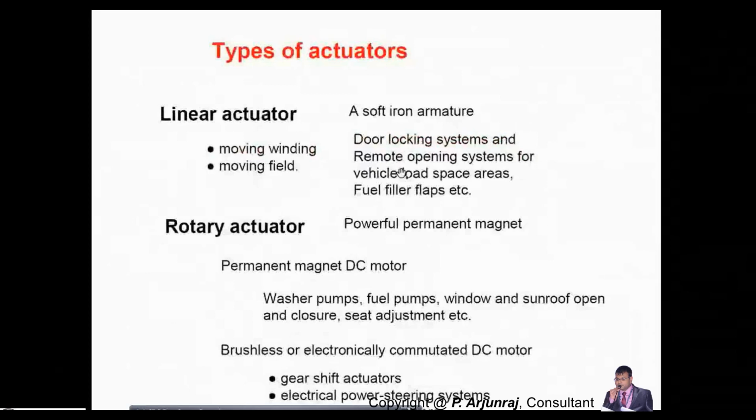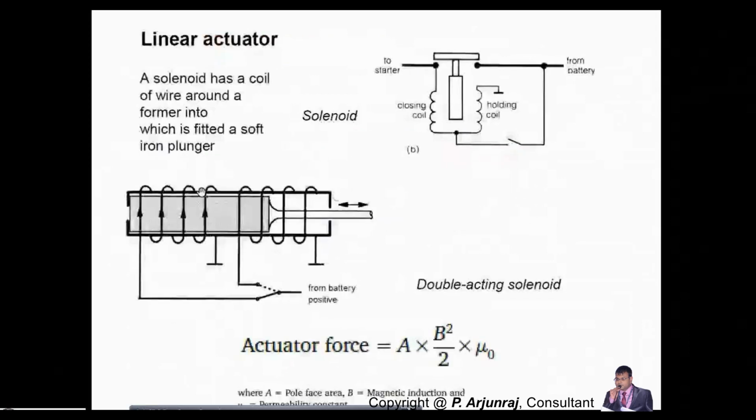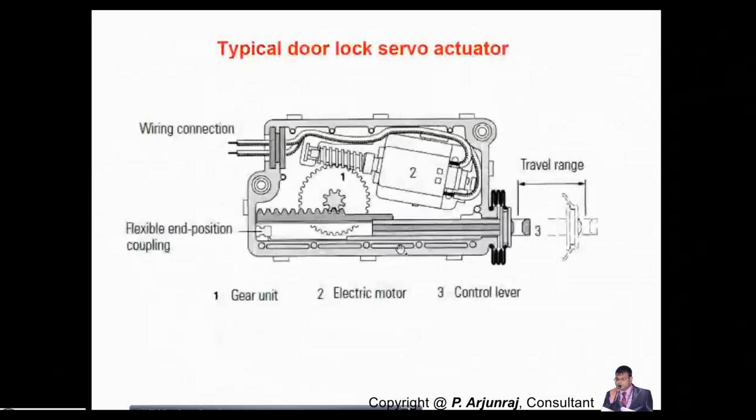Okay, so the next important thing is the actuator. You have linear actuators, rotary actuators. But what is important is on what basis the actuator works. You also have hydraulic actuators, pneumatic actuators, electrical actuators.